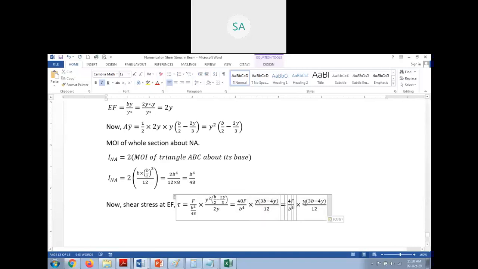So this y I will take inside, so it becomes 3by minus 4y square.